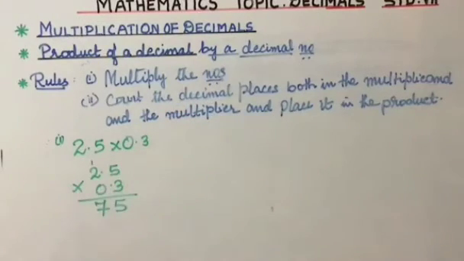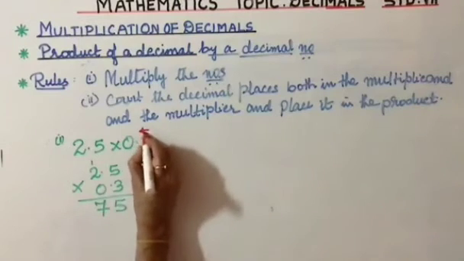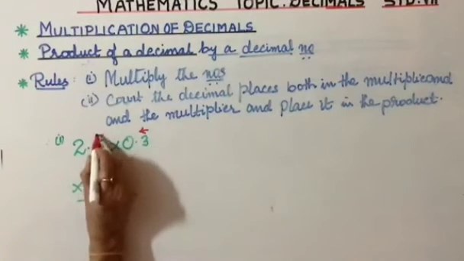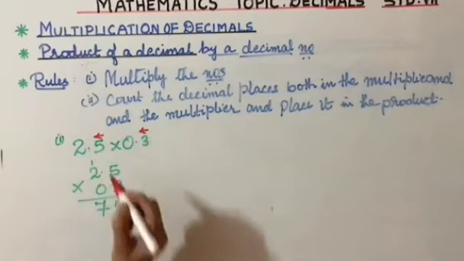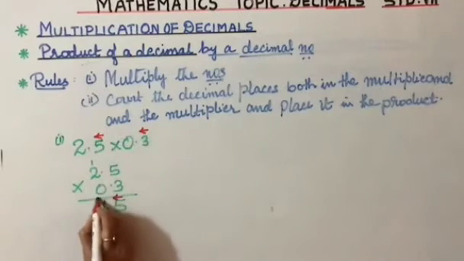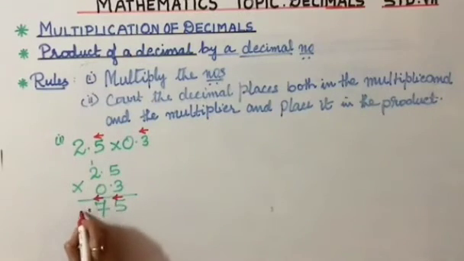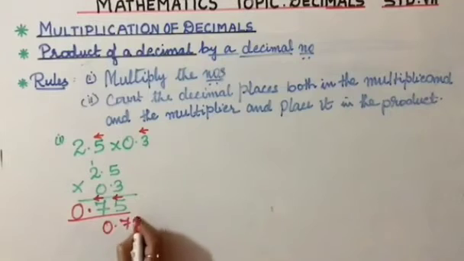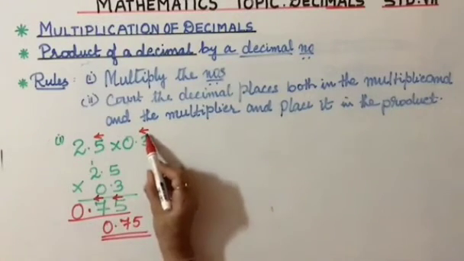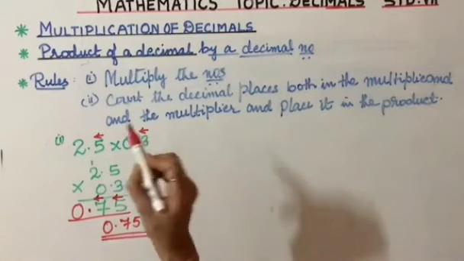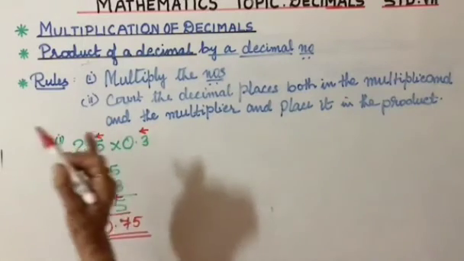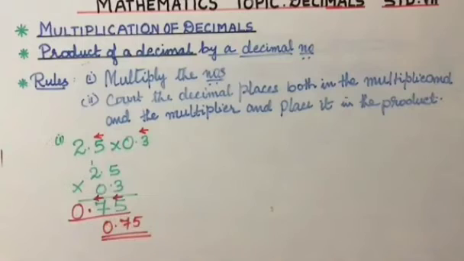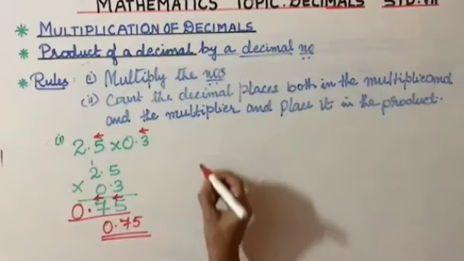I have 1 place plus 1 more: 1, 2. So your decimal is here. Children, I hope you understood. 0.75 is the answer. I have counted the decimal places in the multiplier as well as the multiplicand from the right side and placed it in the product.